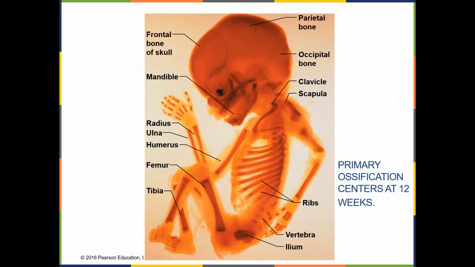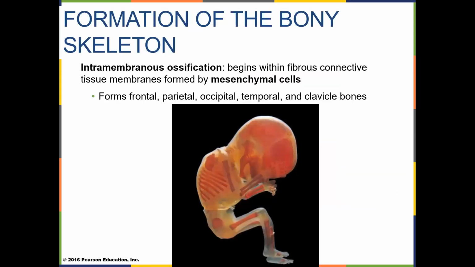If we went back 6 weeks earlier, we wouldn't see anything. We'd see no bone at all, because it would all be cartilage and membrane. Now, again, if we look at the skull, you can see where the membranes are located here. This is probably 10 weeks here, because there's a little bit less development of the bone than there was on the other image.